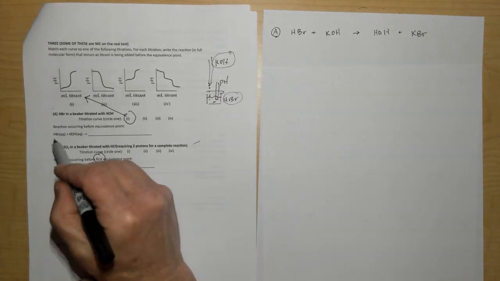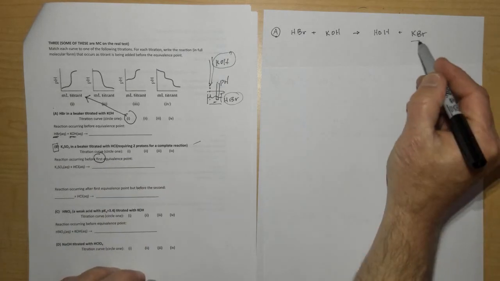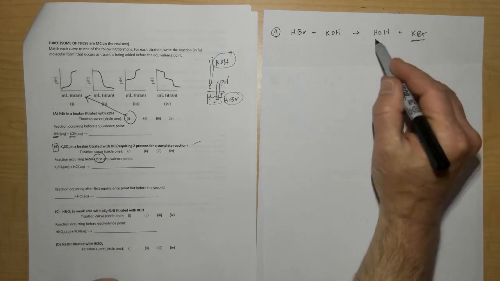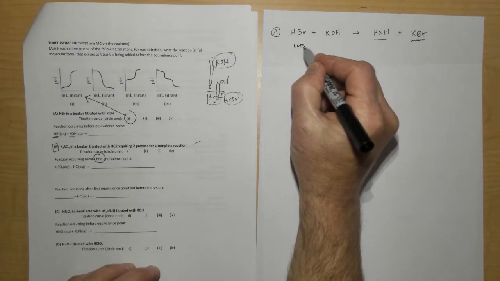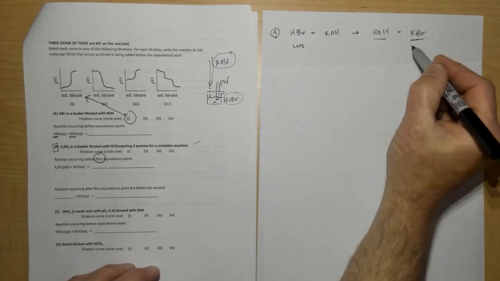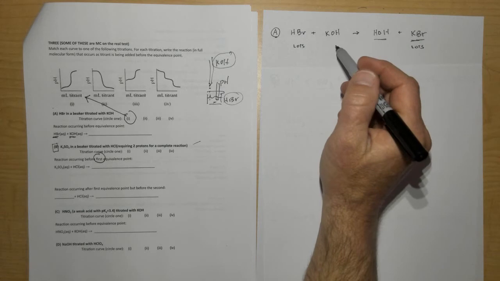And so the reaction would be the acid plus the base, and then eventually it would make KBr, that salt, and some water. Now before the equivalence point, we would have lots more of this left, and this would just be getting used up, and we'd make lots of this as we go along until we get past the equivalence point.